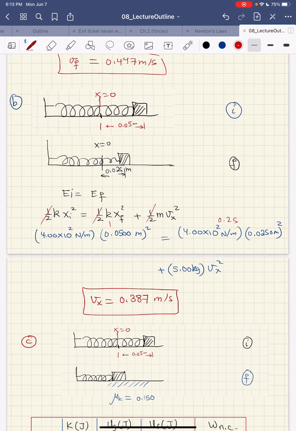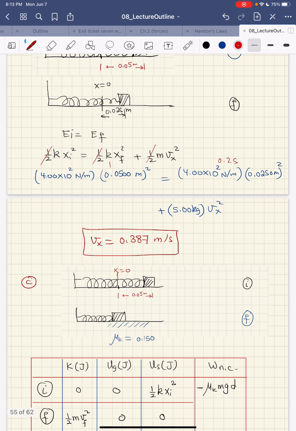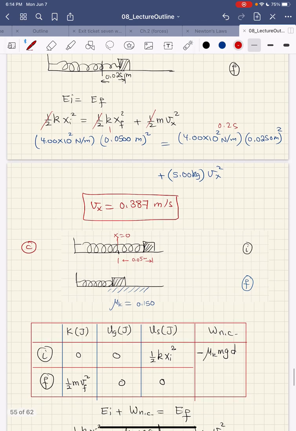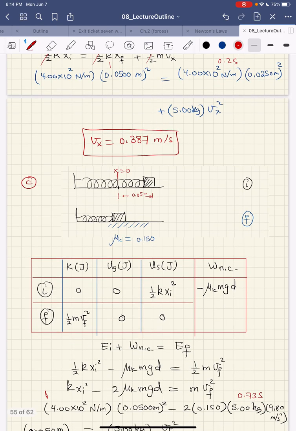Obviously, it is less than the one in part A because now I still have elastic potential energy stored in the spring. The last part, we're going to repeat part A, but we are going to assume we have friction, and we have a mu k that is 0.150 on that surface.